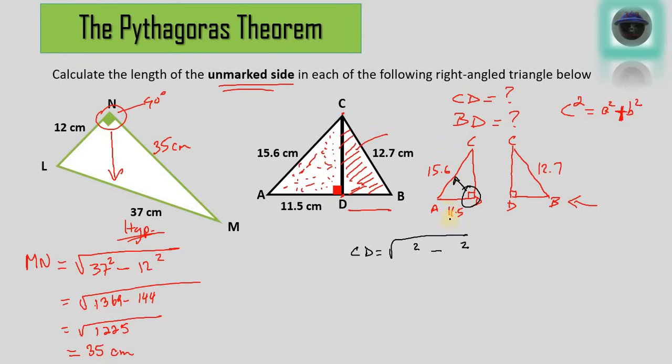So we're going to look at these two numbers that we have, these two measurements, and put the biggest one first. 15.6, which is the hypotenuse squared, minus what? The other length, 11.5 squared. And CD will be equal to 15.6 squared, 243.36, minus 11.5 squared, and that is 132.25.